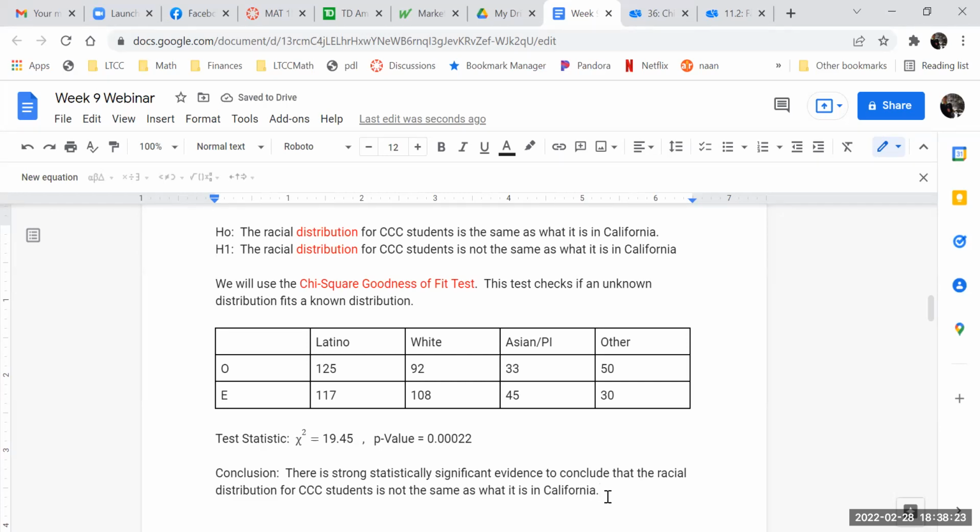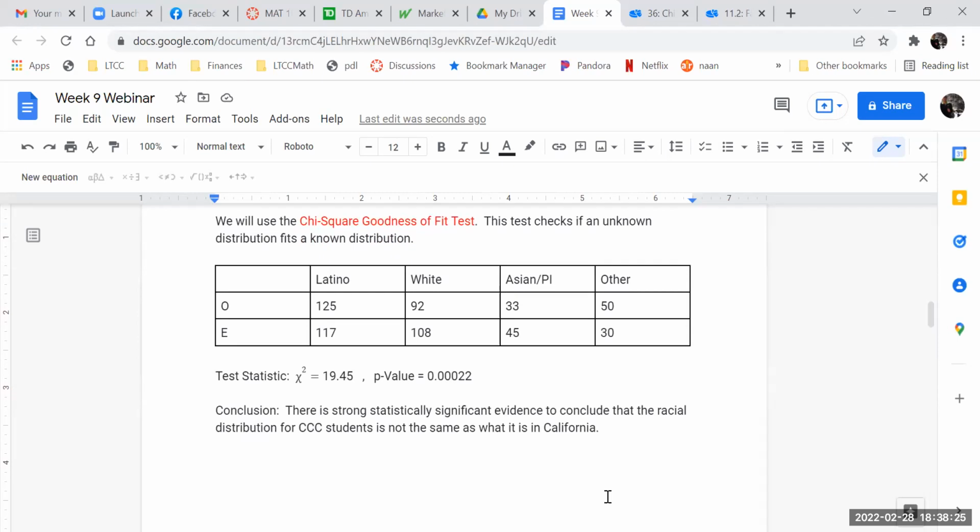Any questions at all on this example of a chi-squared goodness of fit test? Do you agree that this looks easier than what we've been doing?